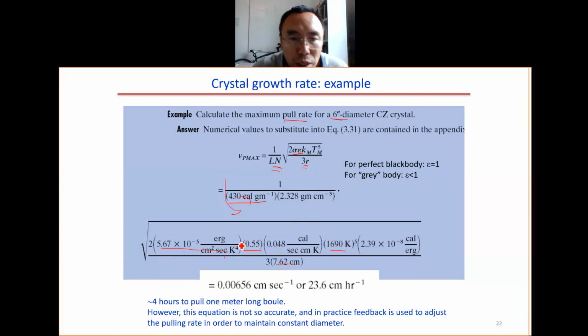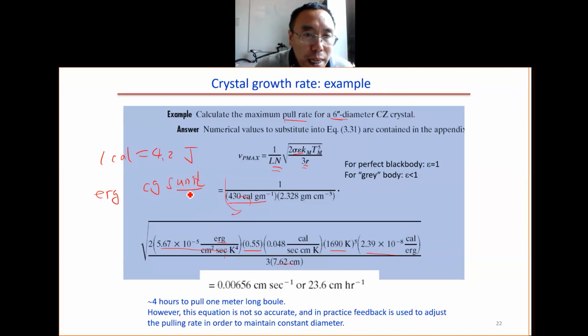So now we have the unit here, erg and the calorie. So we need to convert calorie to erg, or erg to calorie. So this then is given by this formula here. So what is erg? Calorie we know. 1 calorie is 4.2 joule. So what is erg? Erg is the CGS unit.